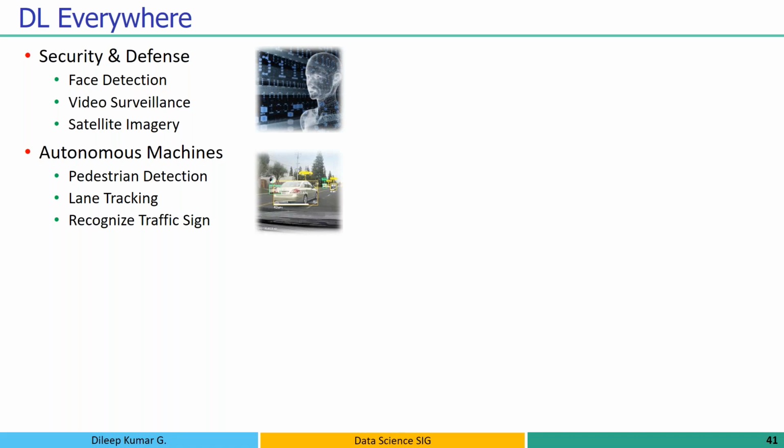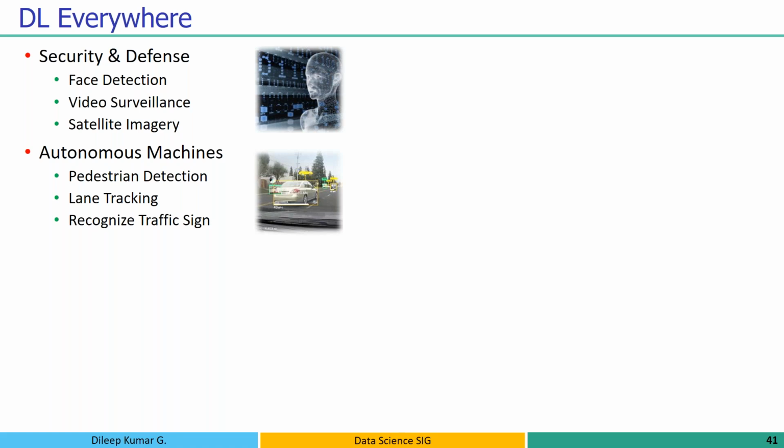It reduces the time actually. Once you just appear in front of the camera, it gets your details, the processing is done immediately, and you can move forward. So this is automatic face detection with higher accuracy.